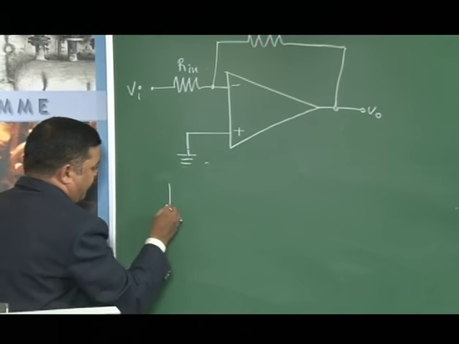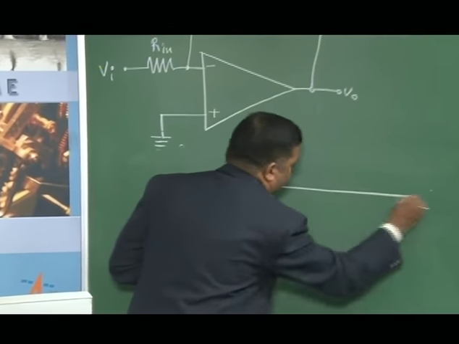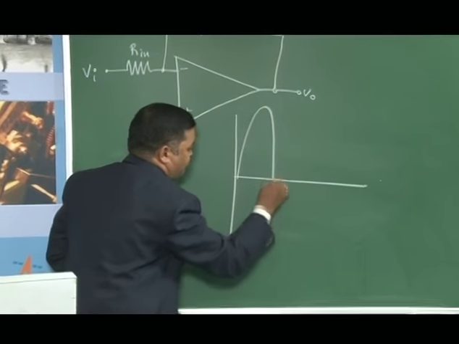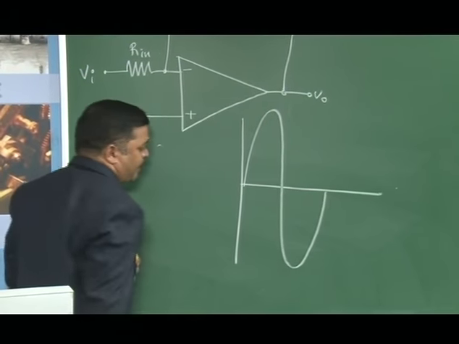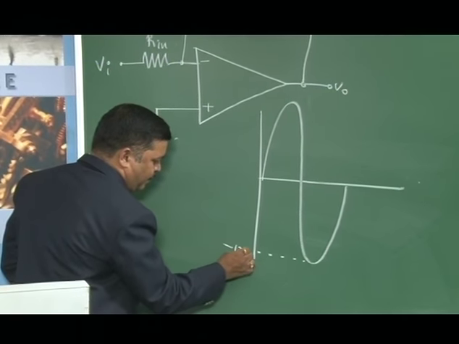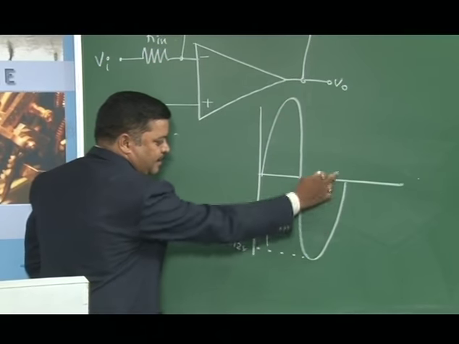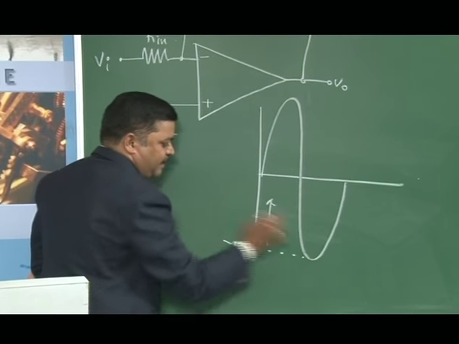Suppose this is the output voltage, let us say this is the output. Suppose this amplitude is less than minus 12 volts, then we will get the same amplified signal without any clipping.